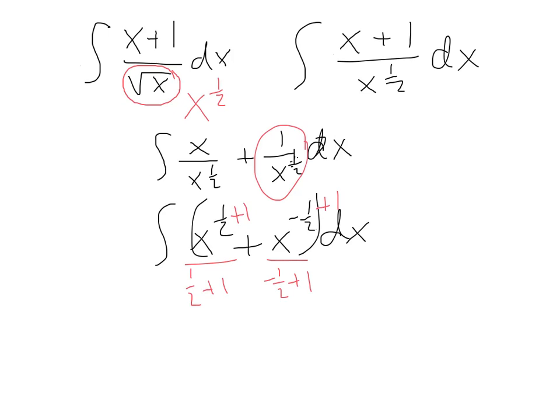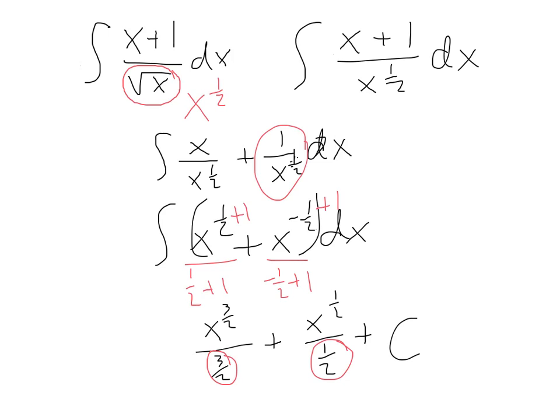So my new powers, and this would be the integration, would be x to the 3/2 all over 3/2 plus x to the 1/2 all over 1/2 plus some constant c. Now these fractions on the bottom, I don't like those, so I need to bring them to the top. I have to find the reciprocals. So the first one should be 2/3 x to the 3/2 power plus 2x to the 1/2, still plus c.